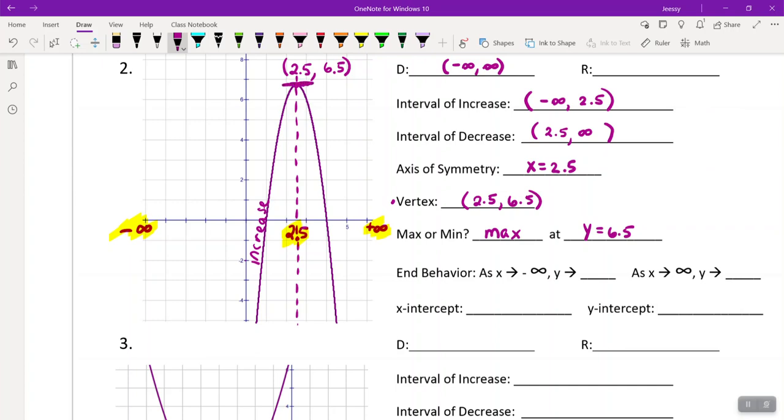The y values of this function, are they above or below this maximum? The function doesn't exist above that maximum. Every single point on the function is going to be below that maximum, right? So we say that y is less than or equal to the maximum because it exists below the maximum.